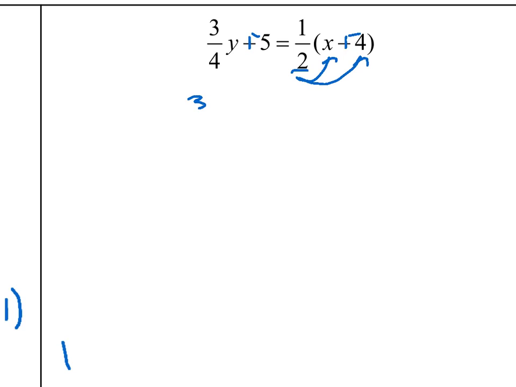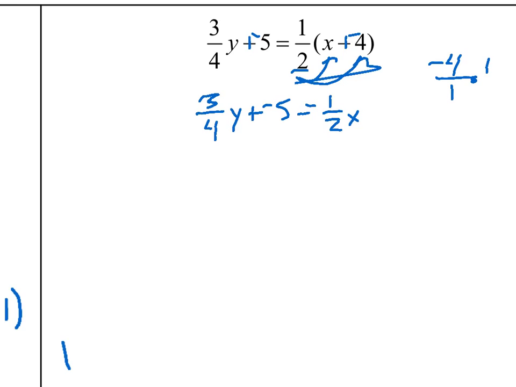Gives me 3/4 y plus -5 is equal to 1/2 x. -4 times 1/2 gives me -4/2, which is -2.